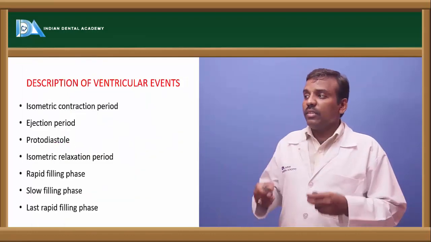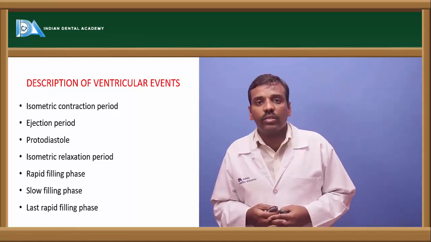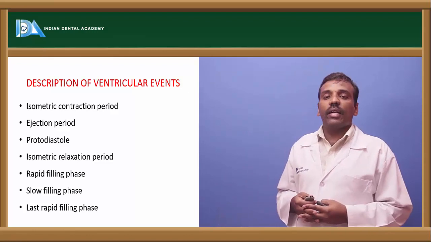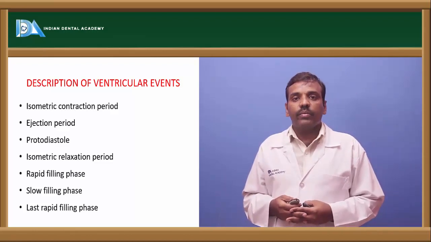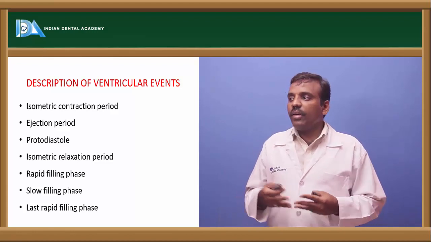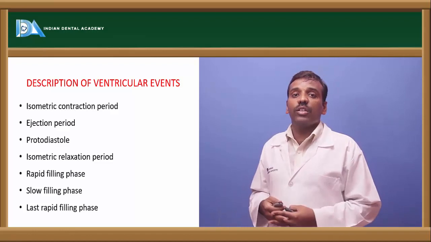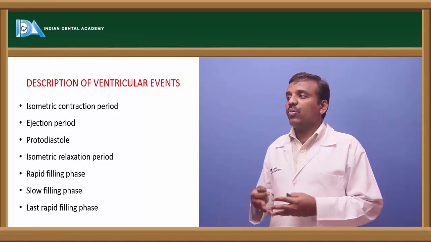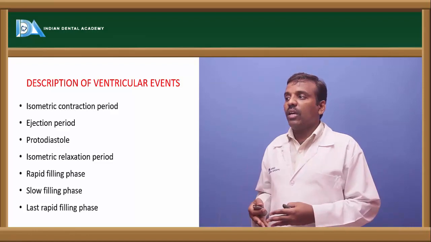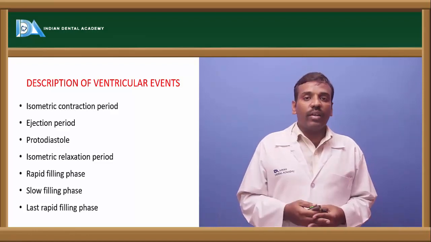And next, if you see the description of these ventricular events, the first one is the isometric contraction period, and the next one is the ejection period, and next is protodiastole and isometric relaxation period, and next is the rapid filling phase, and after that the slow filling phase, and next the rapid filling phase again.